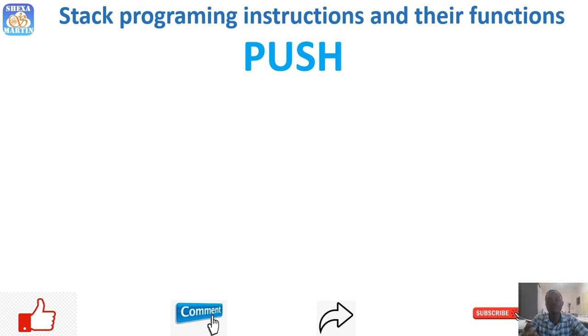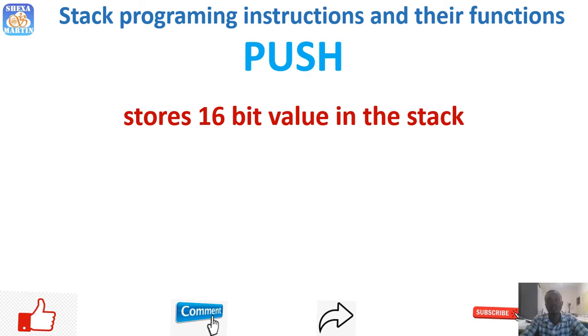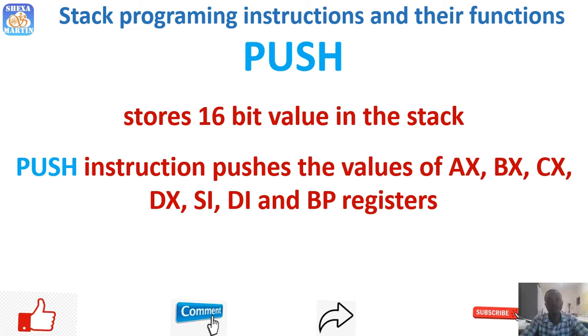So push instruction pushes the values of the following registers on top of the stack. So the registers AX, BX, CX, DX, SI, DI, and BP registers. So these are the registers that are used as source. So we'll talk about the simplest or general syntax for push instruction.